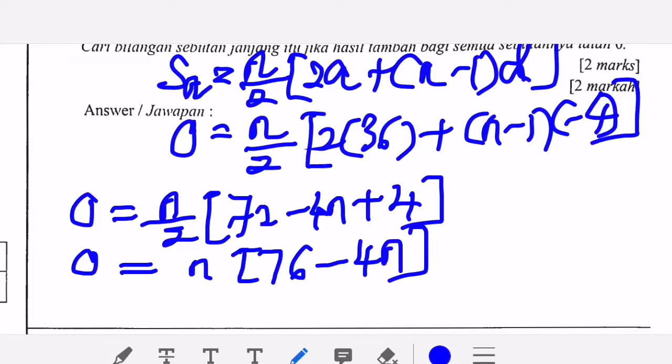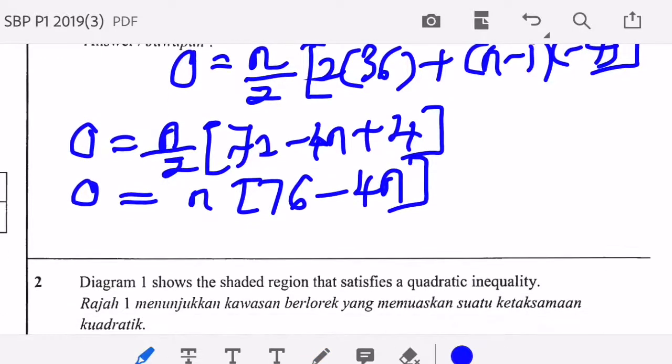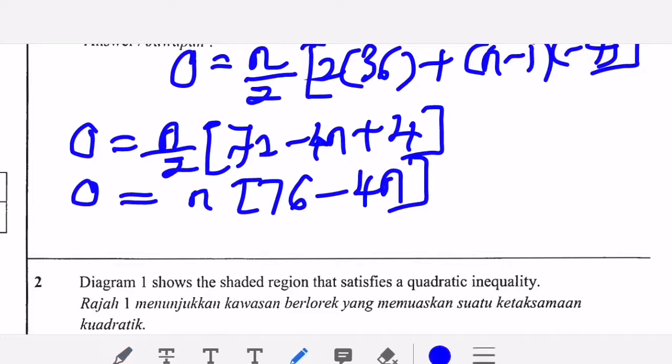And then we have to simplify first before we factorize. Now the common factor is 4 and then n. You can take out the 4, you can take out the n, factorize.